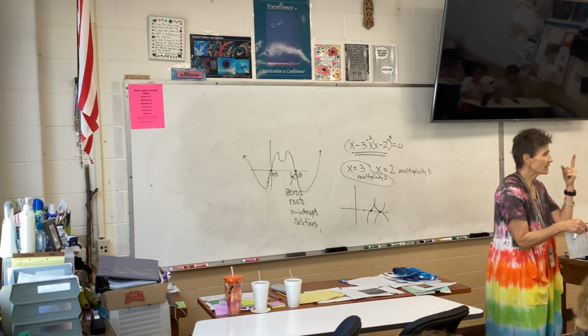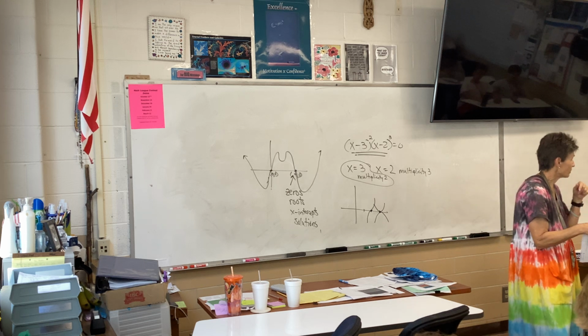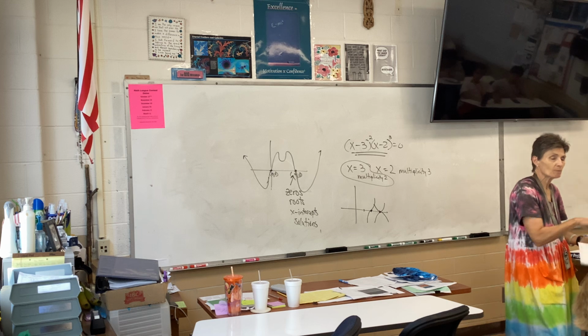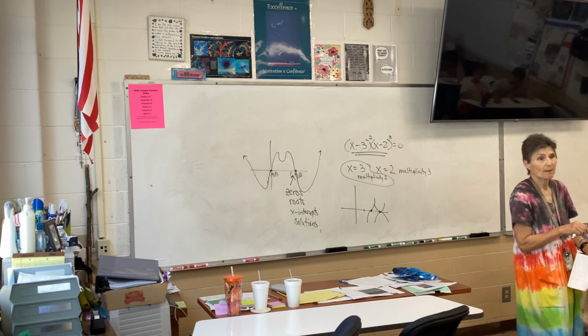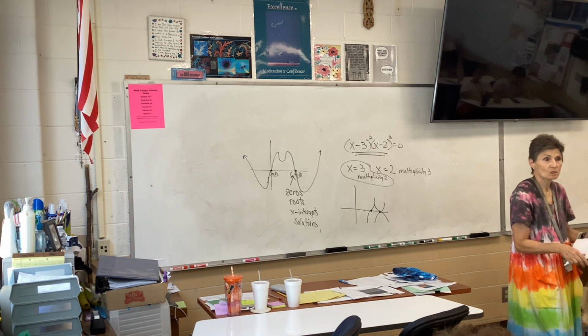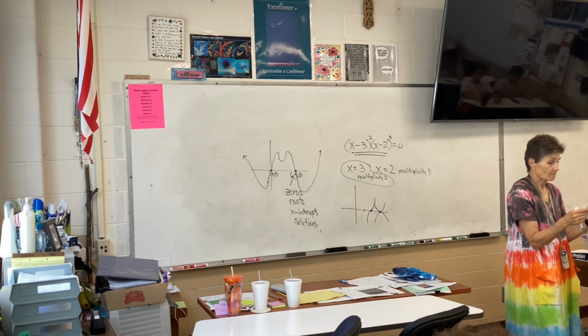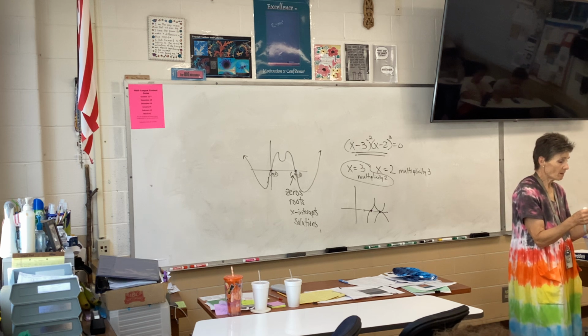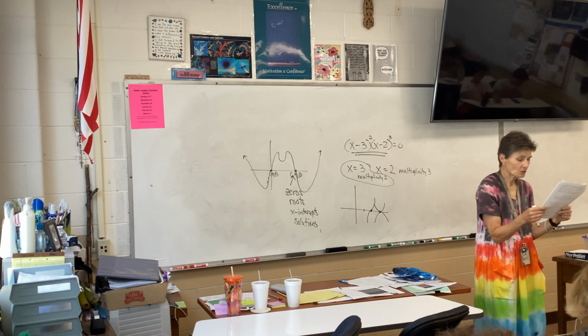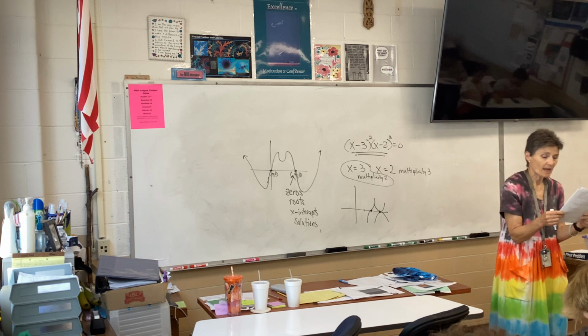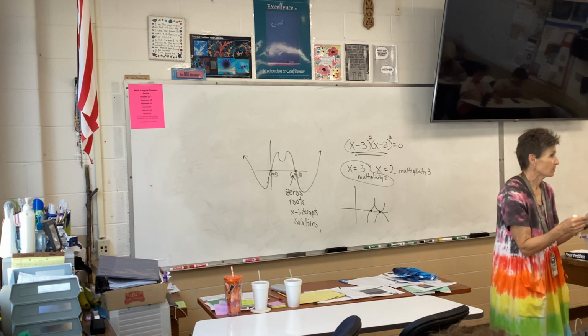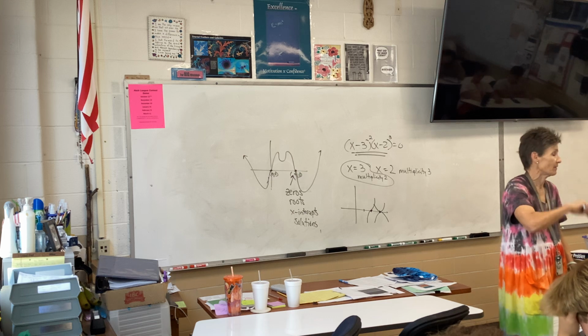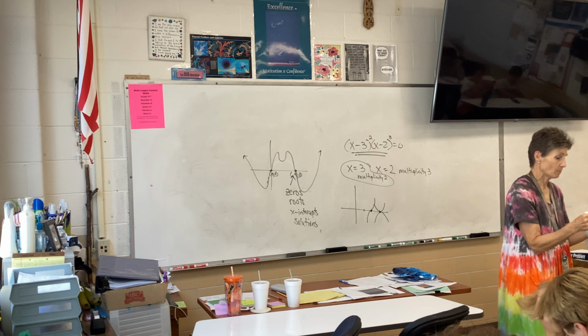So if your factor only happens once, you go straight through. If it happens an even number of times, you bounce off. If it happens an odd number of times, you squiggle through. The graph of a polynomial will always be tangent to the x-axis at any zero with even multiplicity. In other words, it's going to bounce off anytime you have an even number of those.